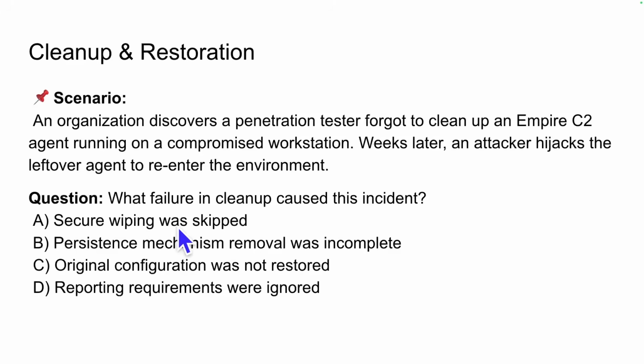And secure wiping is also not a configuration issue, because when you have a command and control connection, you don't need to wipe anything, because that connection needs to be brought down. We need to crash that initial established connection from Empire. And that won't change really if you wipe the system, because it could still connect back to an IP address or something like that was originally running on that Empire C2 agent, running on a compromised workstation.